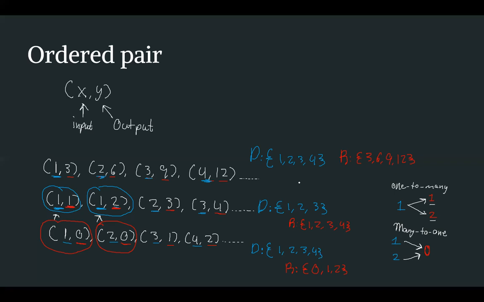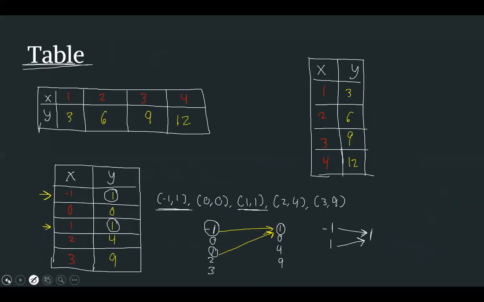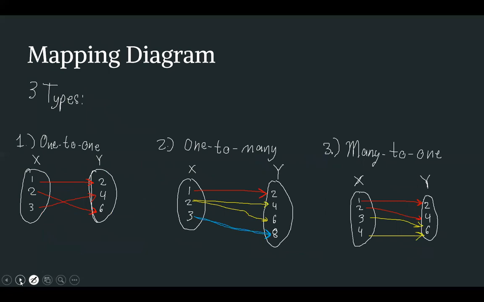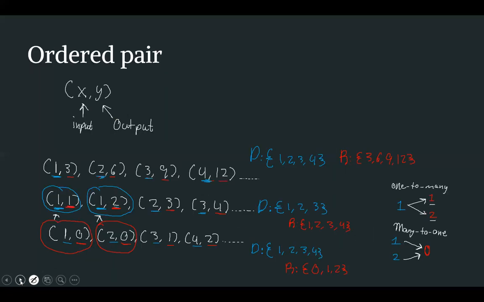So remember this one, guys, especially the table and the mapping diagram, because we're going to use it in the next slide. So at least you got the idea of it.